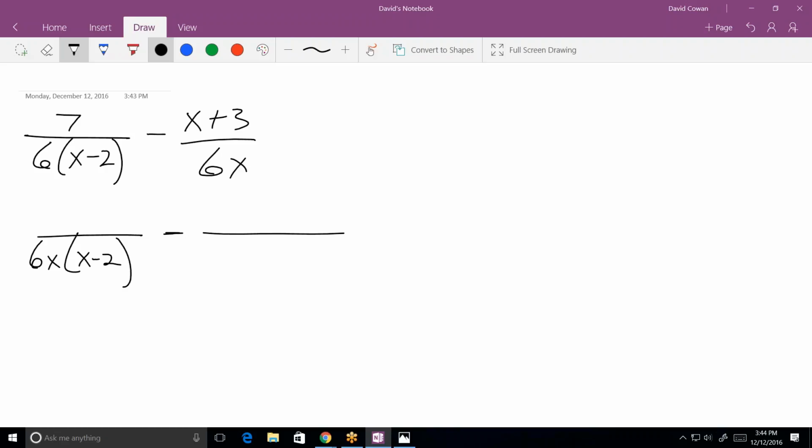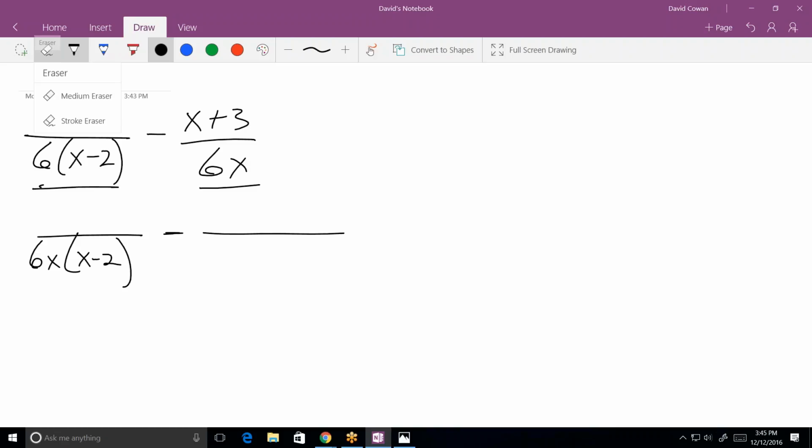In other words, all we need to make sure is that it's divisible by 6, and by x minus 2, or the other way around. Our least common denominator is divisible by that, and it's also divisible by that.